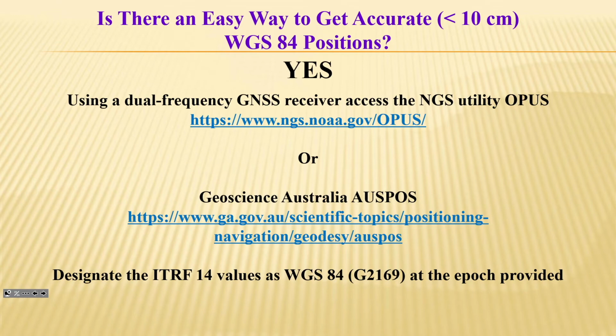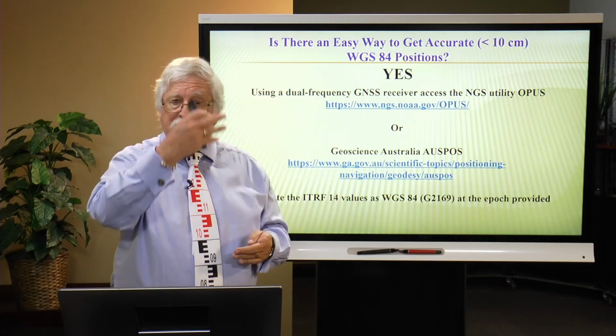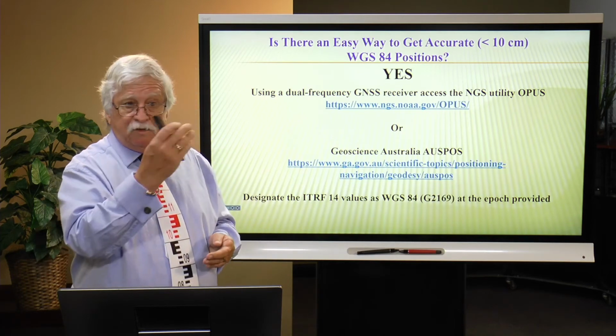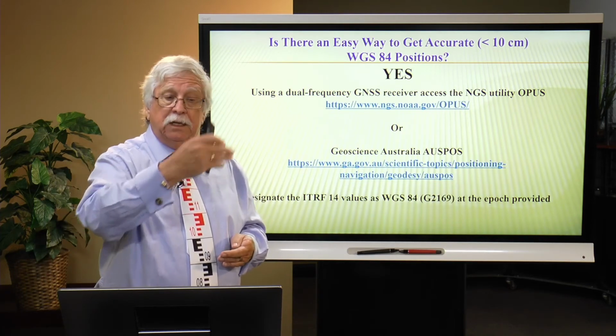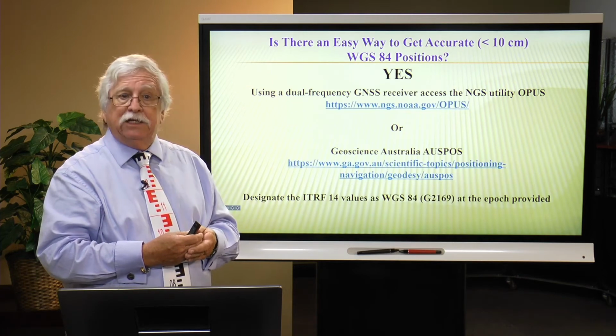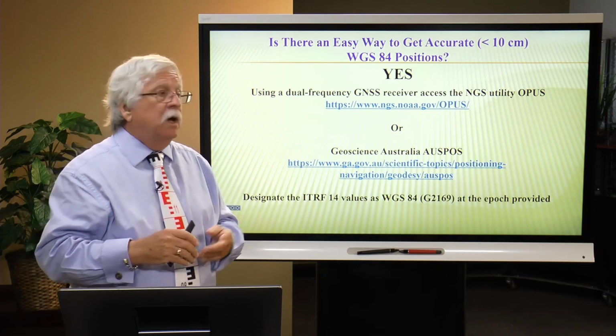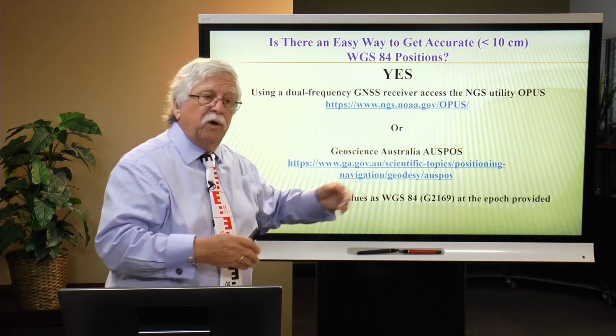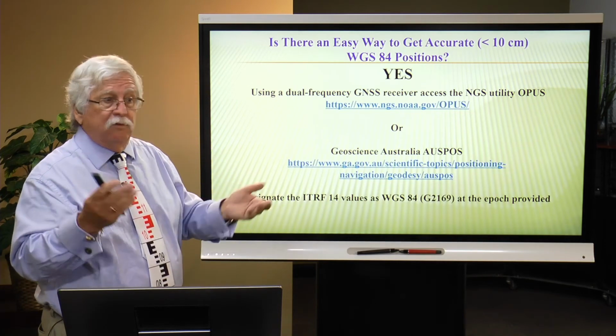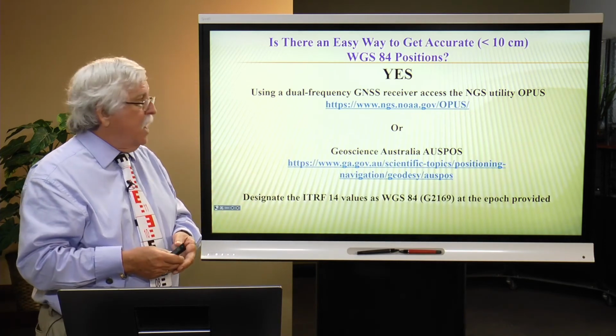There, you submit your dual frequency GPS data. It will report back to you in a few minutes. It will give you the NAD83 position. It will also give you the current ITRF14 position. And you simply change the definition of the ITRF to be WGS84, because as I pointed out, the Defense Department has said that's the way the system is defined.